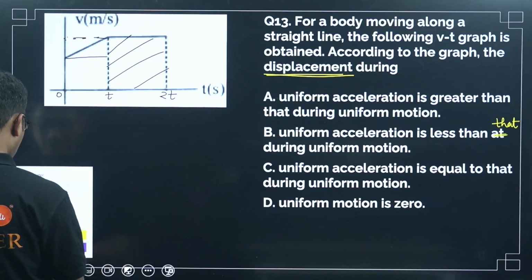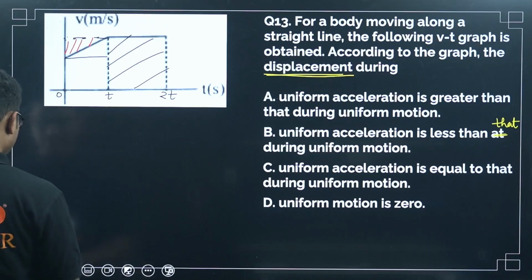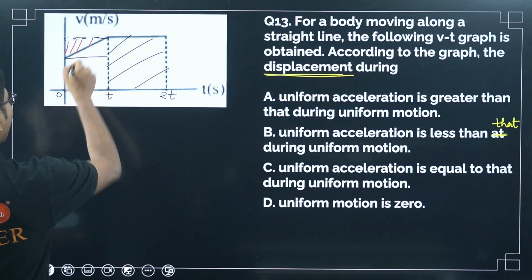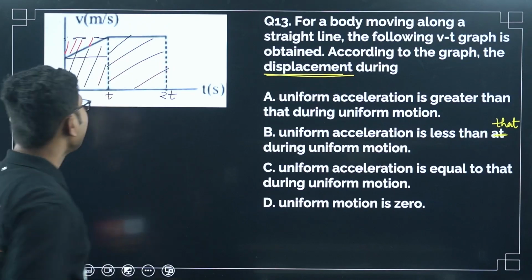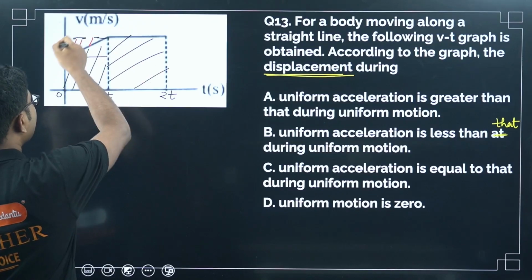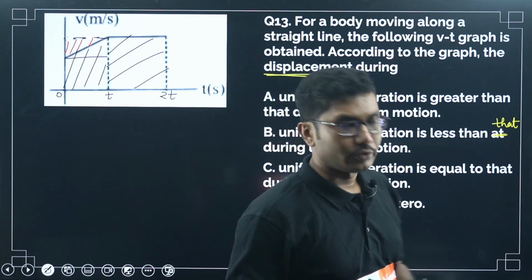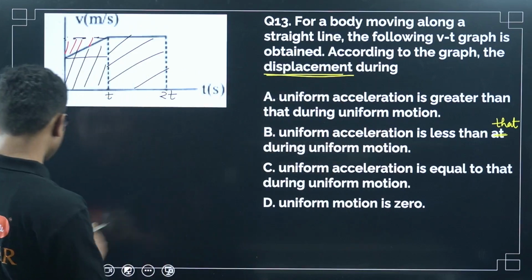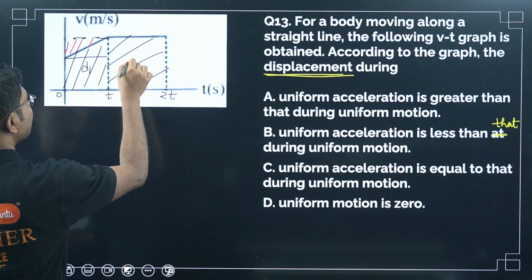So the only included part is this. So this is more than this, right? If this part was included, then it would have had the same area. So the area is different. Suppose this is displacement d1, this is displacement d2.